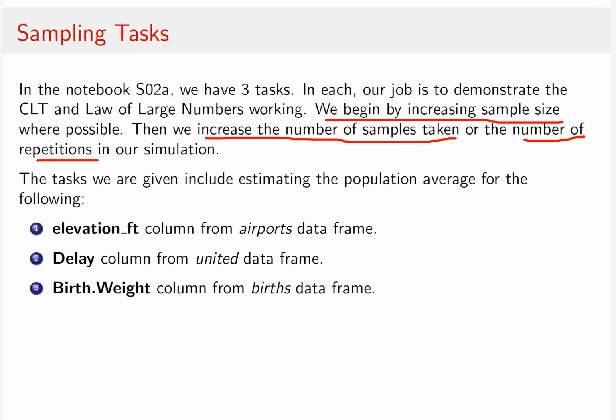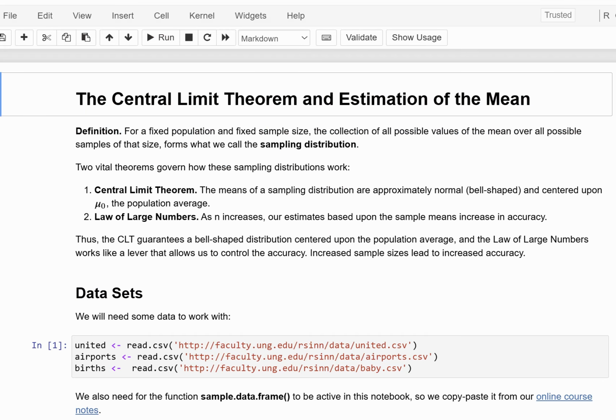We're going to estimate the average elevation from the elevation column in the airports data frame, the average delay in minutes from the United data frame, and the average birth weight of the babies in the births data frame. Okay, so let's jump over to the data frame and take a look there.